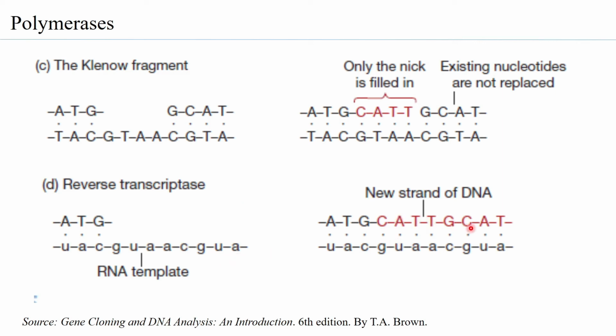So what you see over here is very clearly that a new strand of DNA is formed by reverse transcriptase. So reverse transcriptase is definitely acting on an RNA molecule. And so reverse transcriptase enables cDNA formation, and these cDNA forms can be cloned as well.